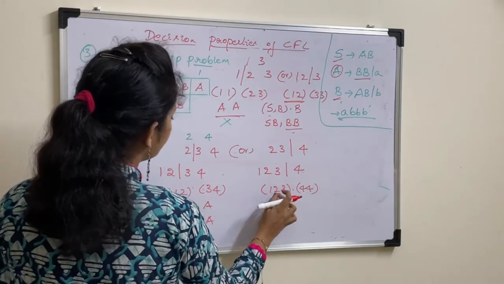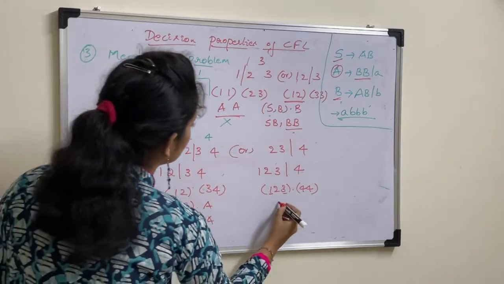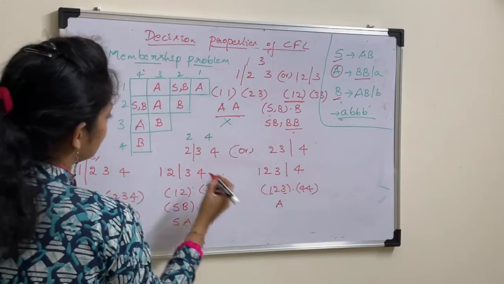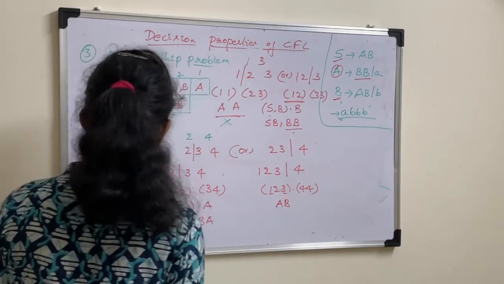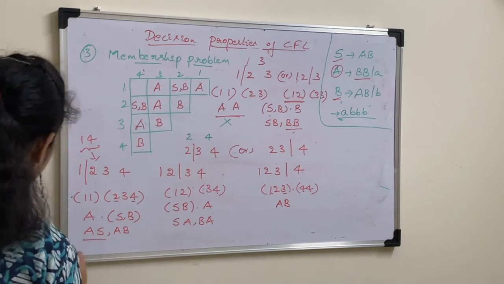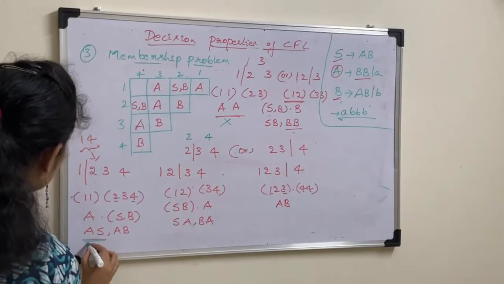And for this one, 1 3 is A and 4 4 is B, so AB. Now check: AS is not derived by any production.